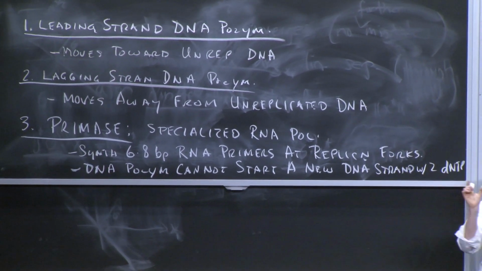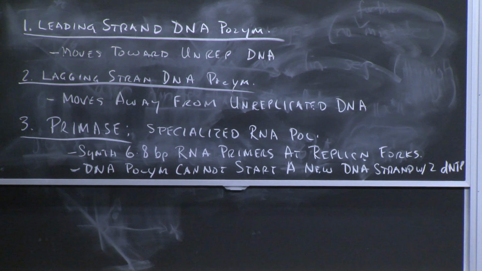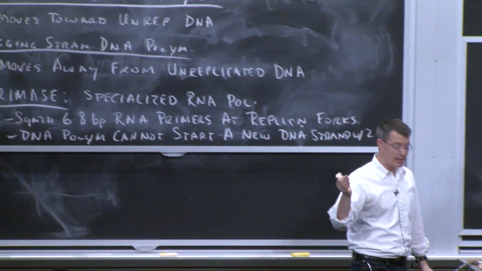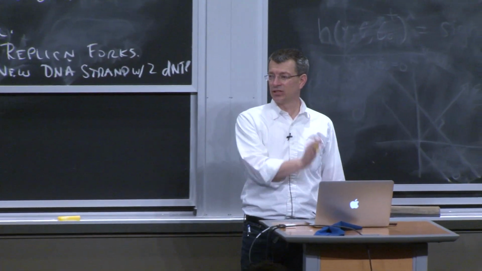Okay? It can't take two nucleotides and put them together and then add a third, a fourth, a fifth, a sixth. It has to have a primer. That's why I said yesterday or Tuesday that we needed a primer template junction.